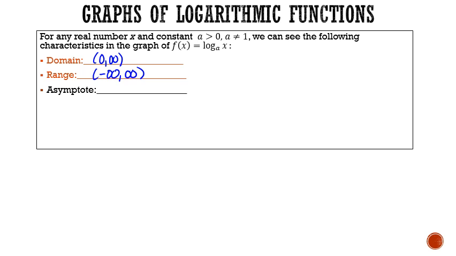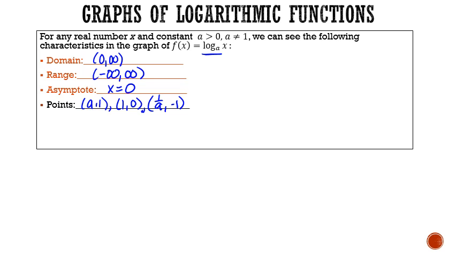The asymptote. So there is an asymptote at x equals 0, so it's a vertical asymptote. Points. The 3 points that will always be on this basic graph of log base a of x are a, 1, 1, 0, and 1 over a, negative 1.